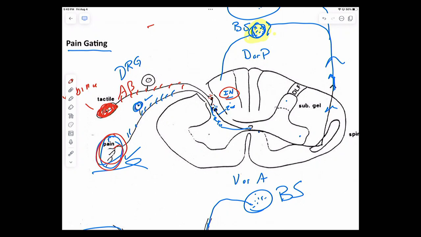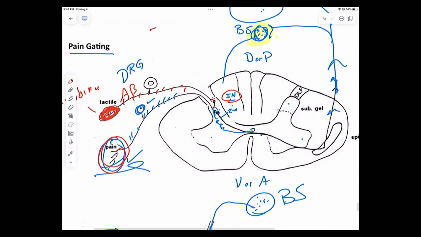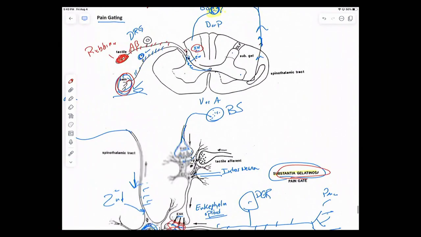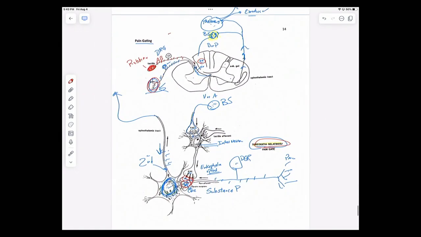It is releasing enkephalin, which then is going to suppress the amount of substance P being released. So the fact that you're rubbing your elbow after you bang it to reduce the pain, basically you're self-medicating with an opioid. So here's a little zoom here, yeah, right there.